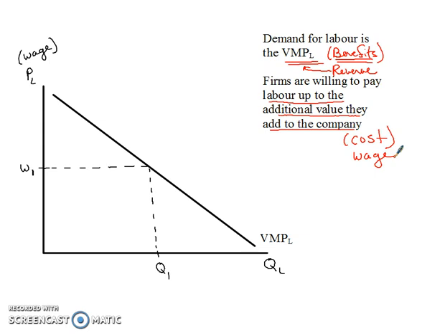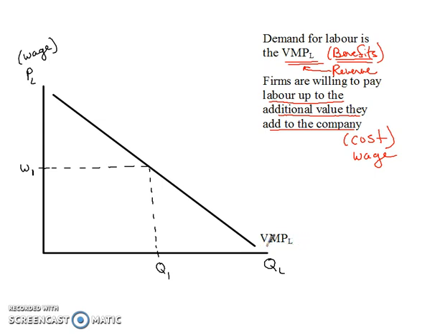So let's think more about this benefit side. I said the benefits are called the value of the marginal product of labor. We're actually going to say this: the demand curve for labor, which is downward sloping as all demand curves are, really is what we call the value of the marginal product of labor.